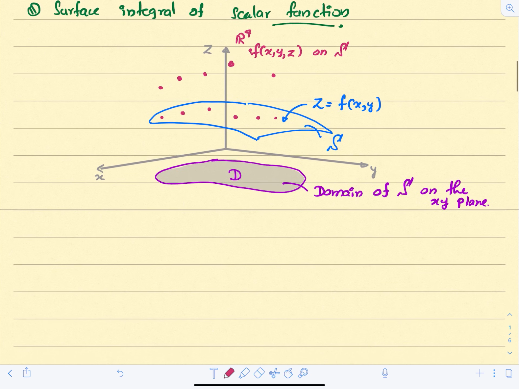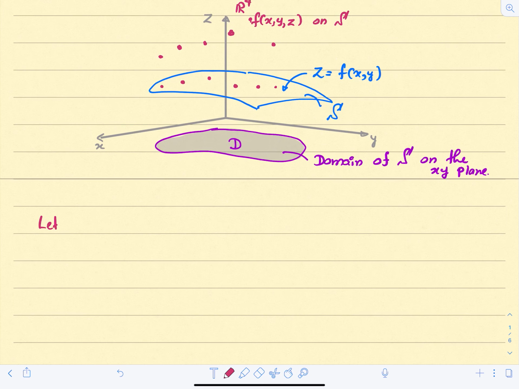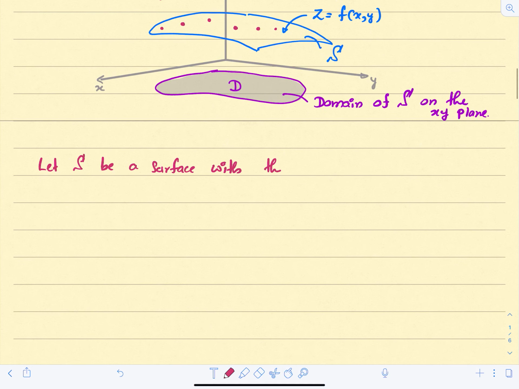Now let's define the surface integral. So let S be a surface with the equation z equals f of x comma y, and D be its projection on the xy plane.